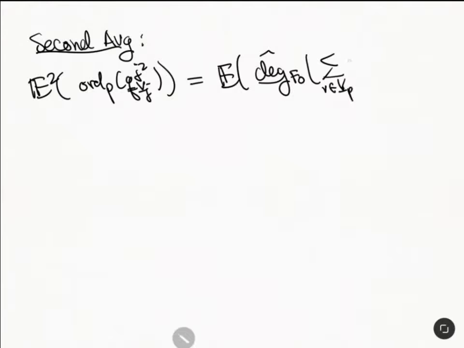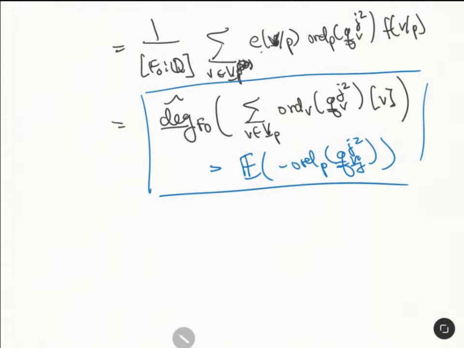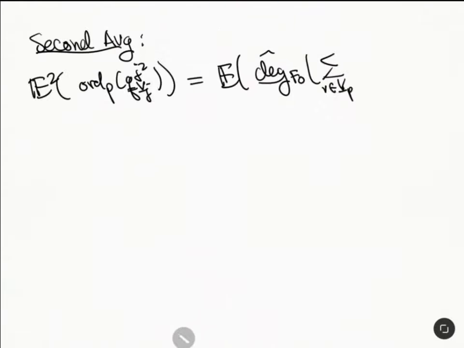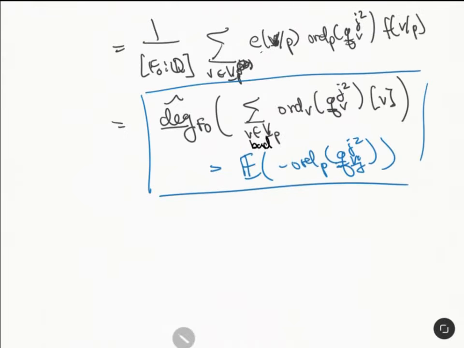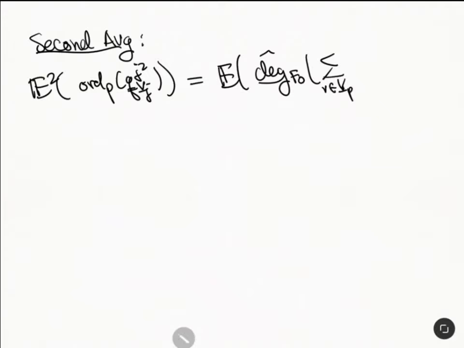I guess these are bad, so we should emphasize that these are bad, because in order for this to make sense, you can take the convention that this is 1 when it's not there. So this is ord_v q double underline v j squared, and we have this divisor like so.